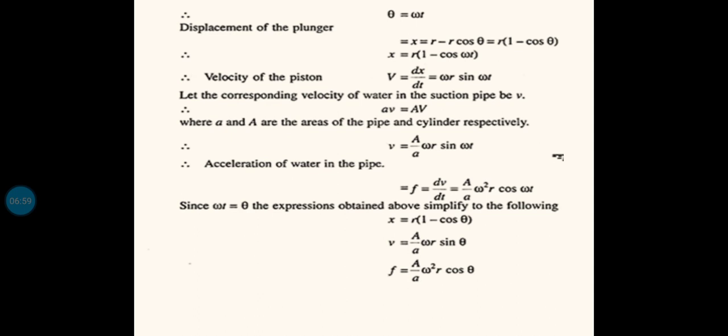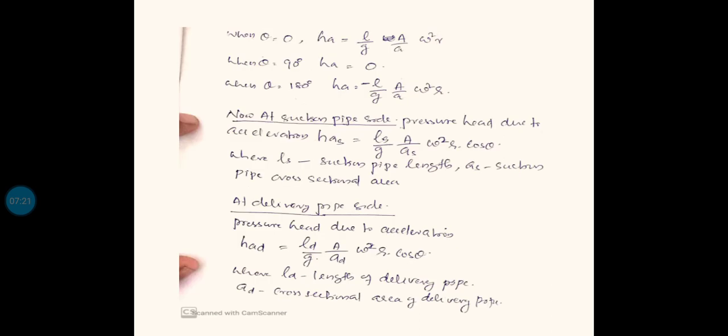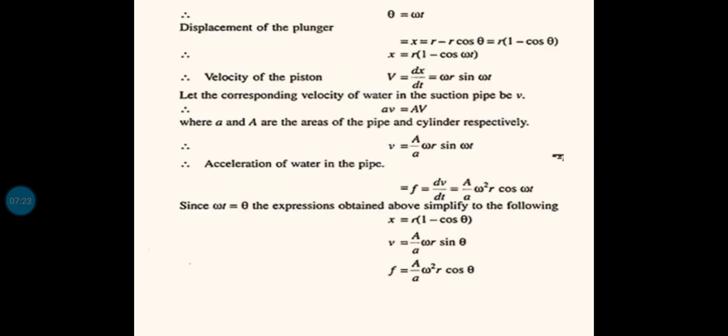So I am equating the area into velocity of the pipe, whether it is suction or delivery, area into small v, to capital A into capital V, where small a and capital A are the areas of the pipe and cylinder respectively. This equation comes from equating the discharge through the pipe to the discharge within the cylinder.